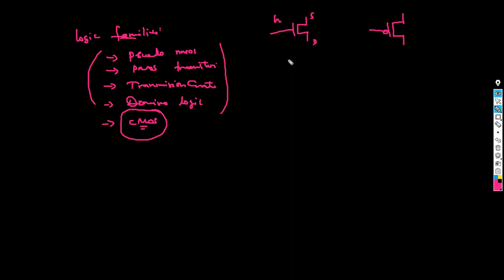Now, say your VDD is 5 volt, your VSS is 0 volt, and your VT is 0.7 volt. Okay, now I want you to plot the waveform.